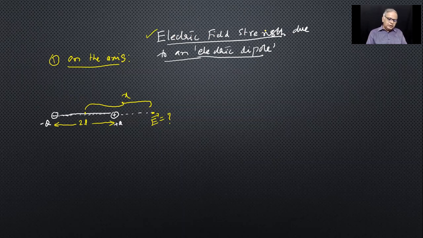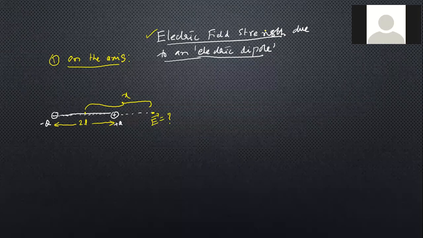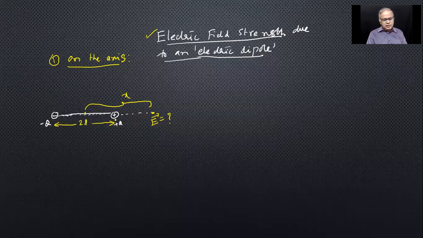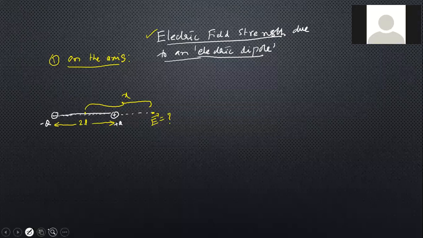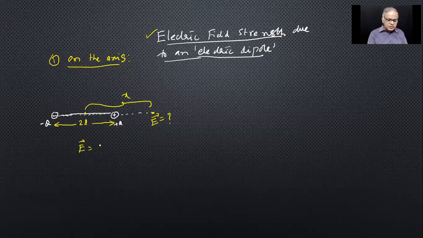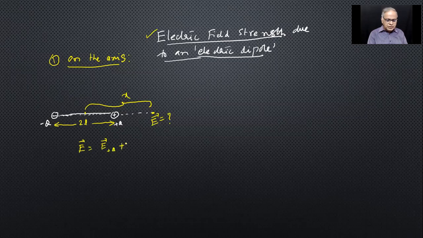Superposition. Plus q causes a field, minus q causes a field, right? So E will be the vector sum of E due to plus q plus E due to minus q.